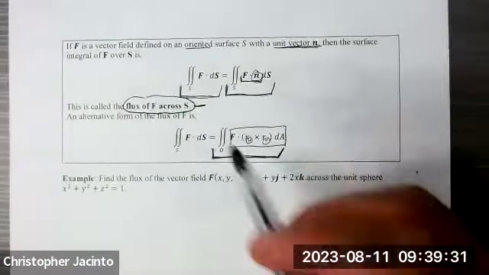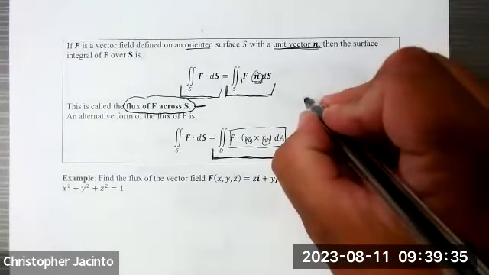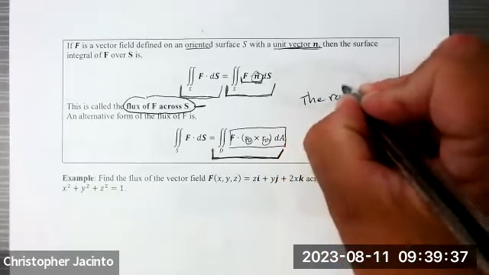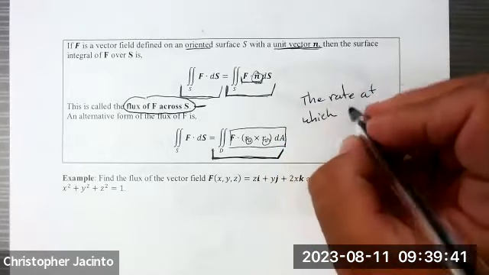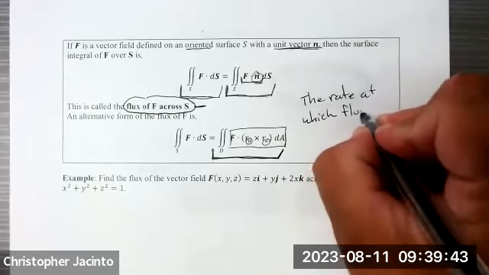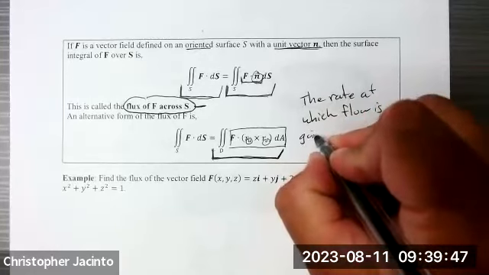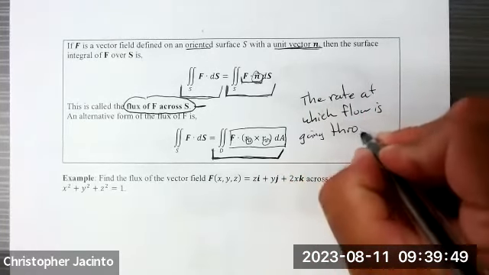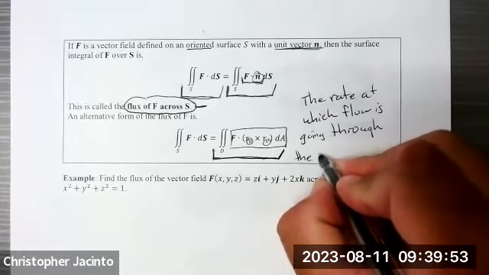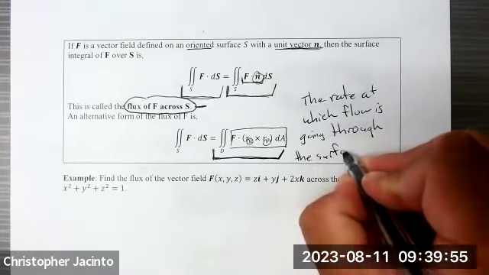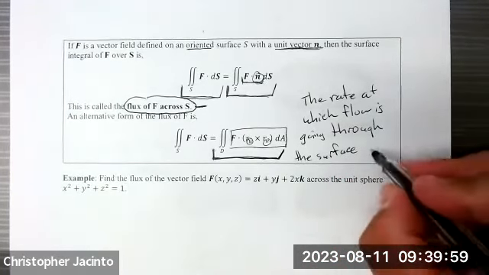Okay, now let's talk about what I mean by the flux. What I mean by flux is the rate at which flow is going through the surface, given a vector field.